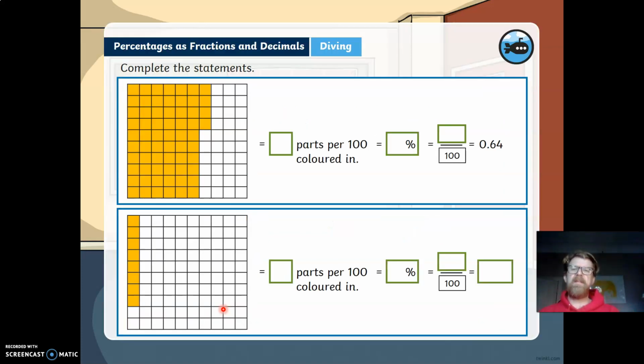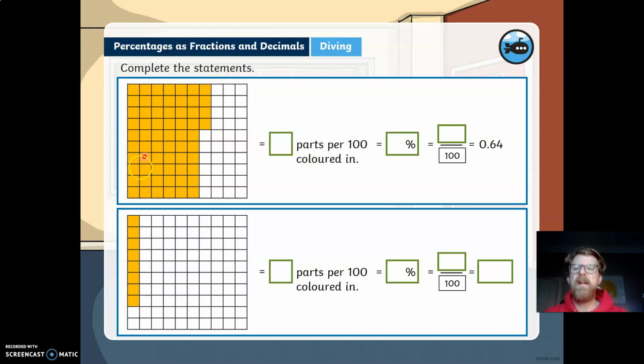So here's our first slide. We've got a square over here, and it's asking us to work out how many parts per 100 are coloured in.